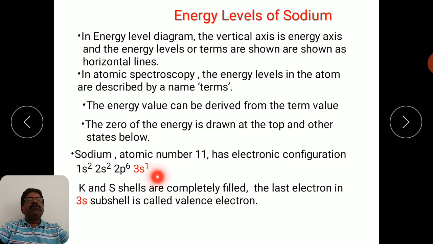Only the last electron, that is the 3s electron, is going to contribute into the total angular momentum, and that is responsible to produce the spectra of this sodium atom. So this 3s electron is the valence electron that we are going to consider here, and this will be the ground state of this optical, or you can say valence electron of sodium atom.